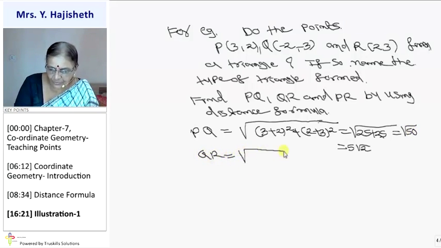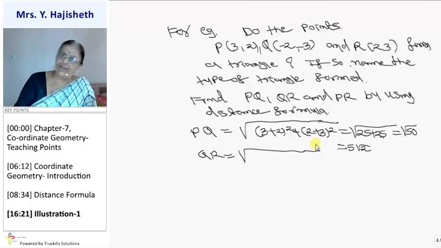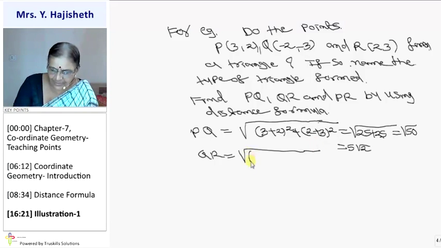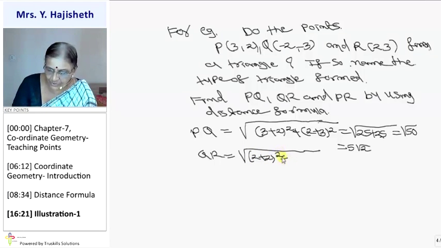Now you find out QR. QR is under root. You look at the coordinates of Q and R: minus 2 whole square, or I can write (2 plus 2) whole square, plus 3 minus of minus 3, so (3 plus 3) whole square.